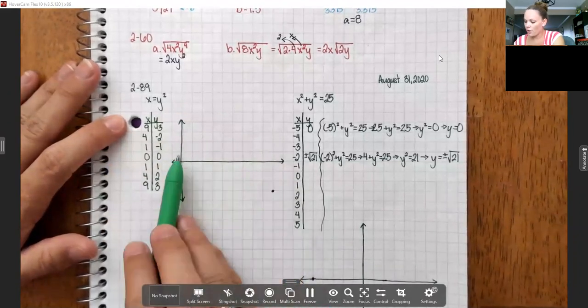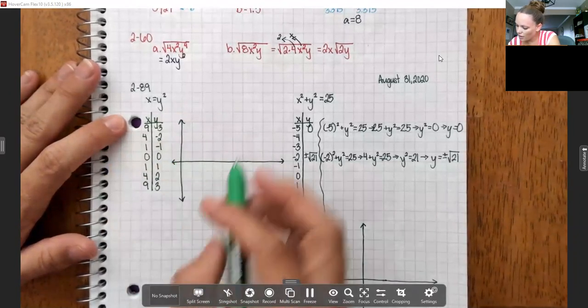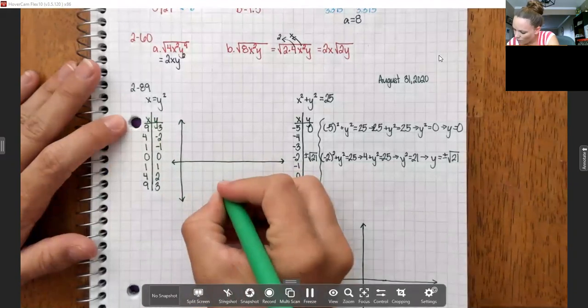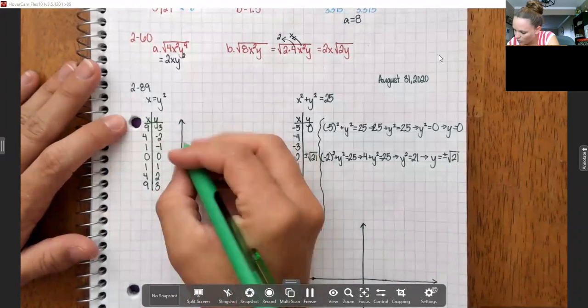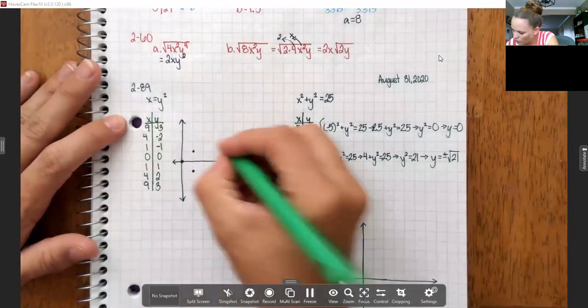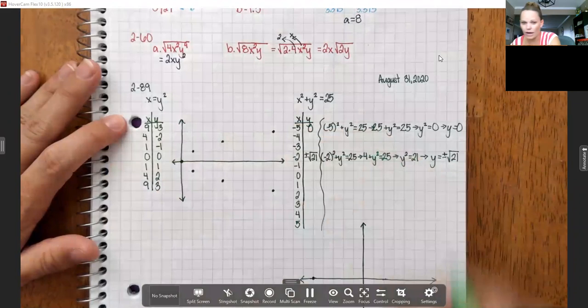So I already plotted the points 9, -3, 4, -2, 1, -1, 0, 0, 1, 1, 2, 4, and 3, 9.